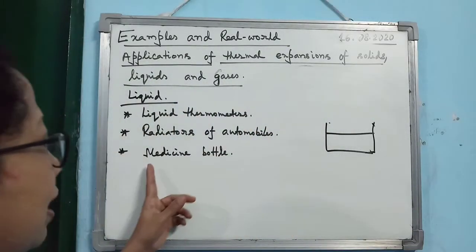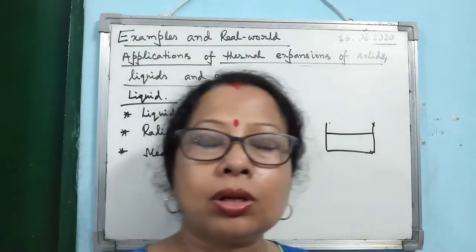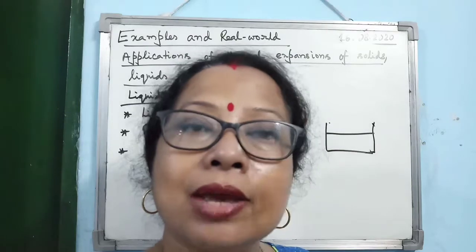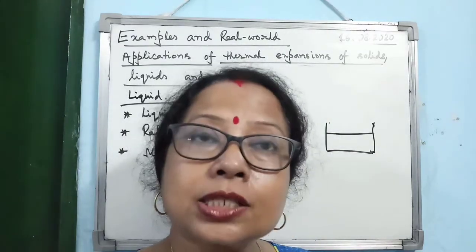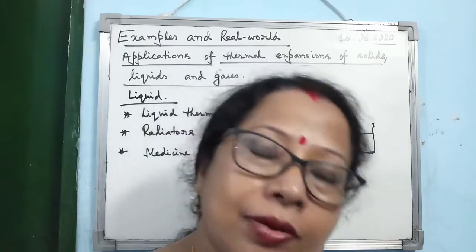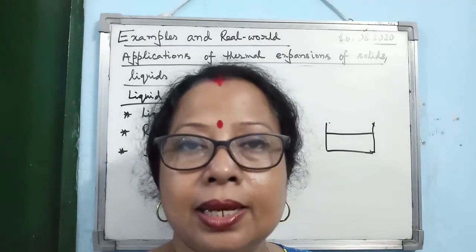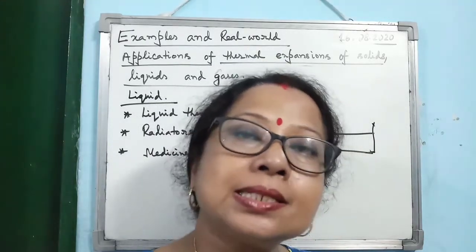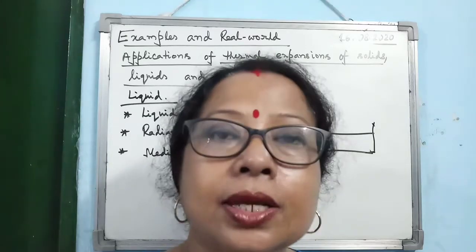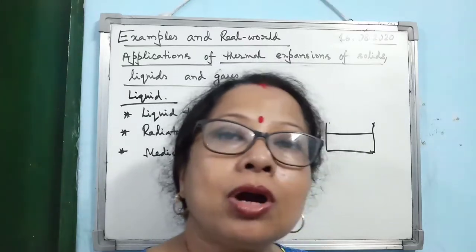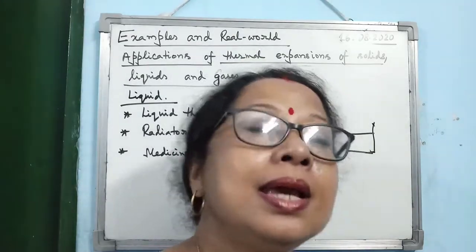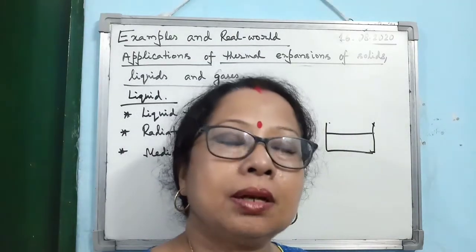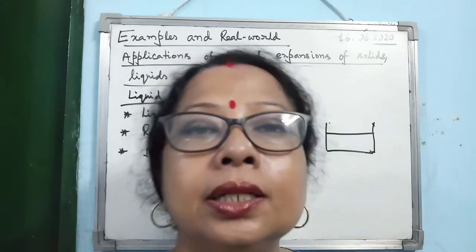The next one is the medicine bottle. Medicine is never filled up completely in the bottle. A certain amount of space is left above the medicine when it is in liquid form. Why? Because when you are transferring the medicine from one region to another, from a cold to a hot region, what will happen?